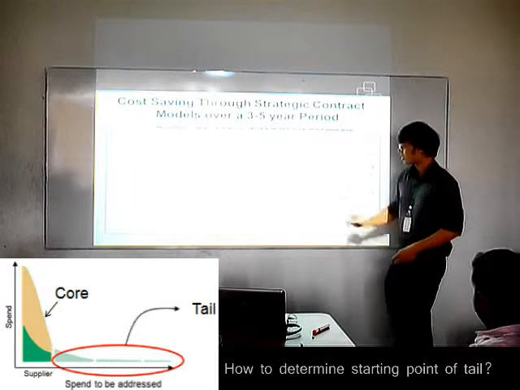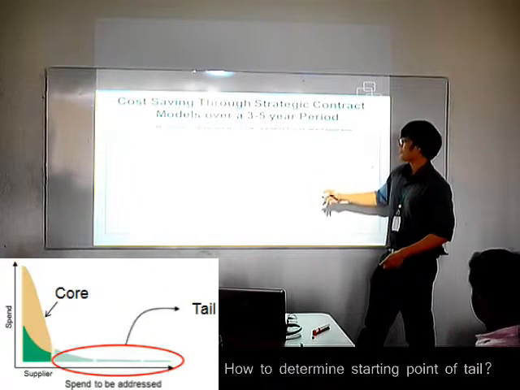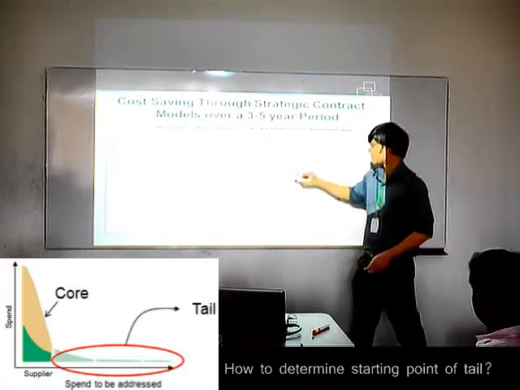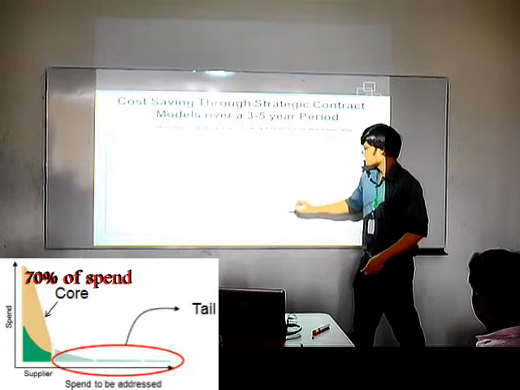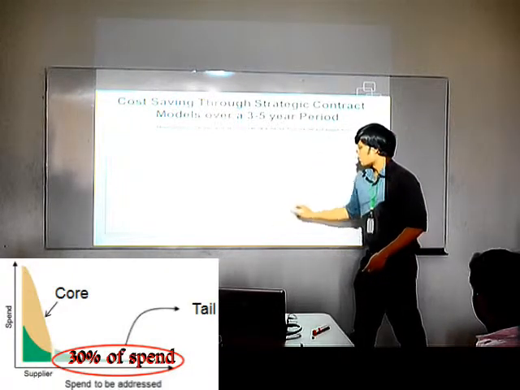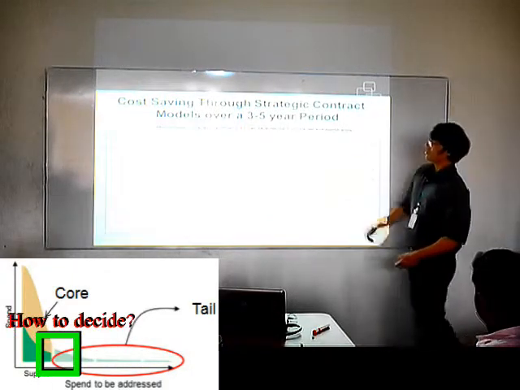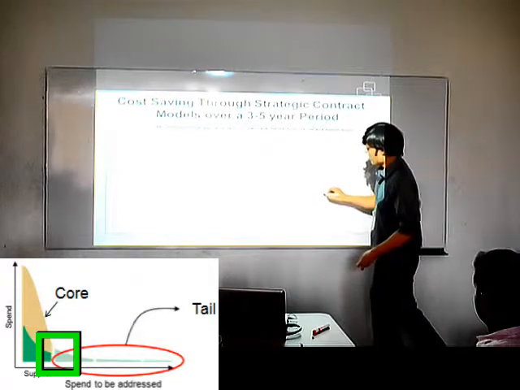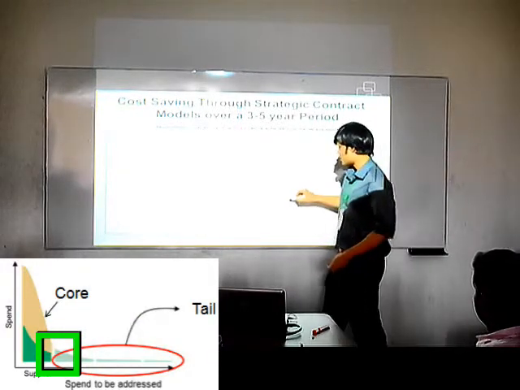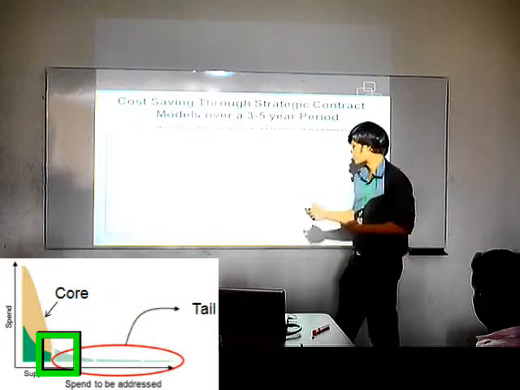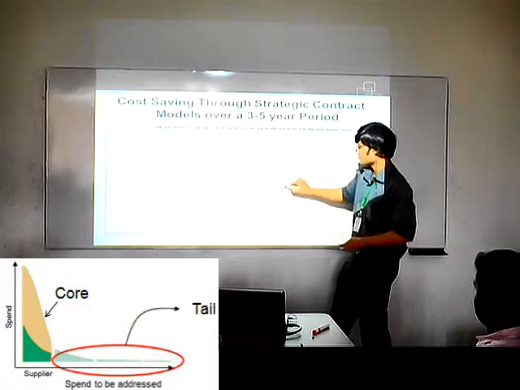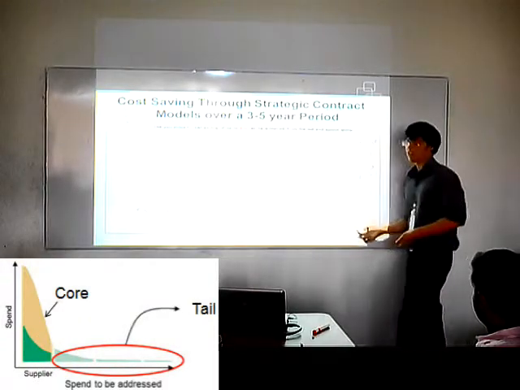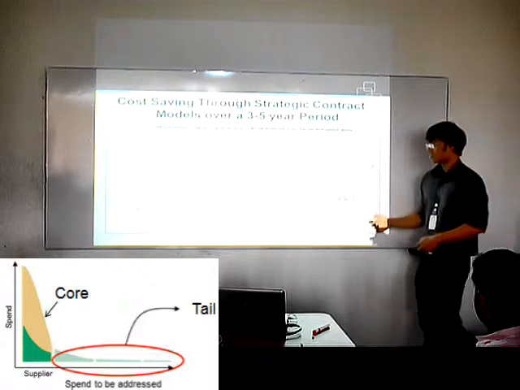That's the plan, right? Now they might already have a lot of strategies for their core spend because it takes up, let's say, 70% of their spend, and let's say 30% of the spend comes here. What about the region where you're not sure where it falls? You don't want to leave anything unaddressed. So the one thing could be you could try to take critical products from your medium range into your A spend by putting them into flexible contracts, if possible. That's not certain.